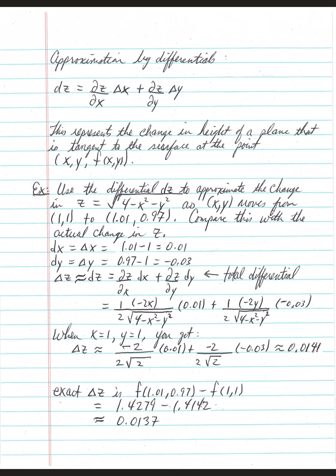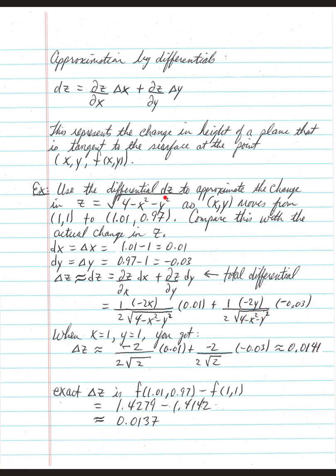Plus, we take the derivative with respect to y, so again, treat this as all to the 1/2 power. 1/2 of (4 minus x squared minus y squared) to the negative half. So here's our 1/2. When you move the negative half to the denominator, it becomes positive 1/2 as your power, translating back to a square root.